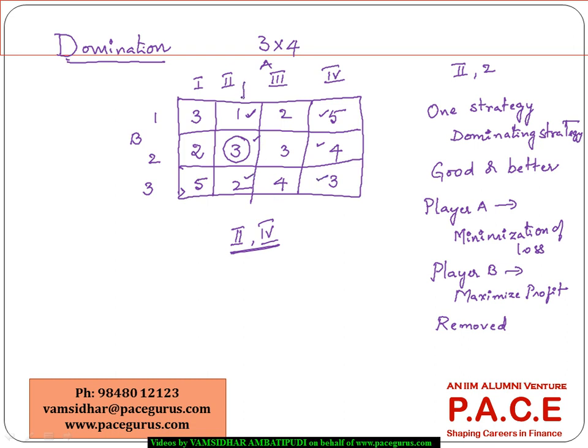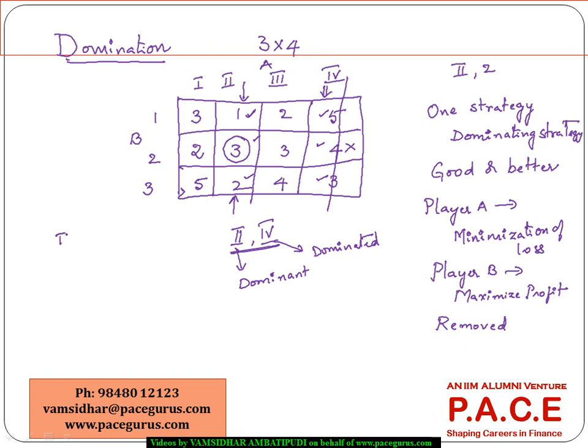So irrespective of whatever B chooses, if A chooses strategy number 2 compared to strategy number 4, he can very well minimize his loss, which means 2 is a dominant strategy, whereas 4 is a dominated strategy. Now, whichever is dominated can very well be removed, which means this particular row can totally be removed.